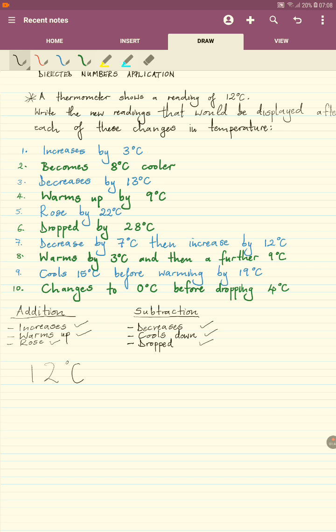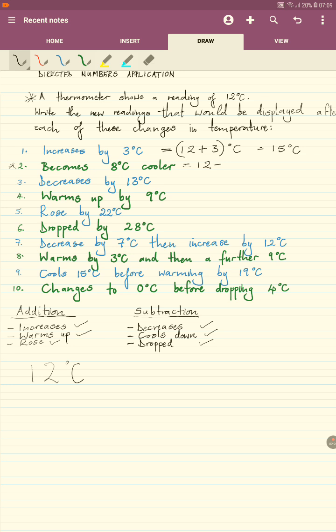So now the questions are. Increases by 3 degrees. So what it means is we are adding 3 degrees to 12, and we are going to get our answer, which is 15 degrees Celsius. And then number 2 says becomes 8 degrees Celsius cooler, which means we are going down, and that is subtraction.